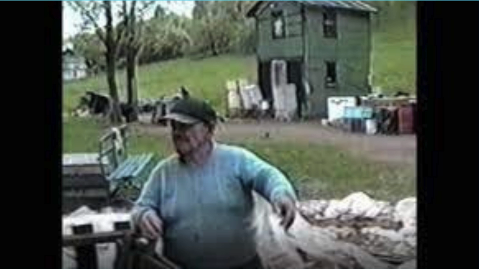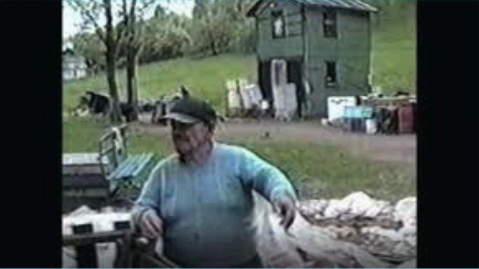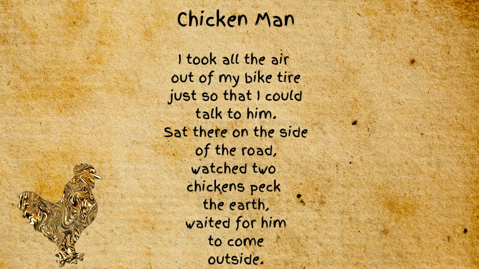And I took all the air out of my bike tire just because I wanted to talk to him. I was endlessly curious about him. And I asked him for a pump to blow up my tire. And the poem is a compilation of my experience with Shorty, but also all the information I got from the people at the Bluebird Diner. So here is my poem entitled Chicken Man.